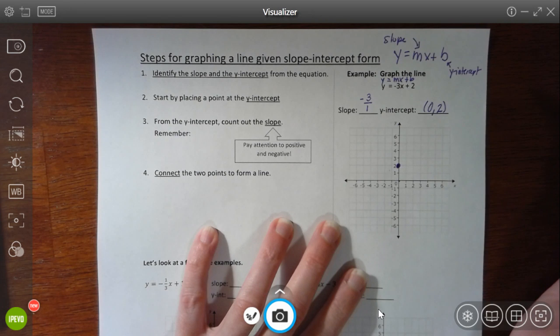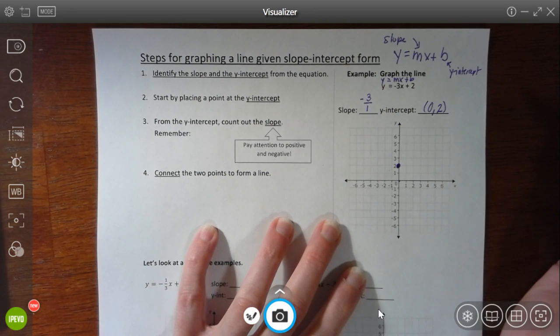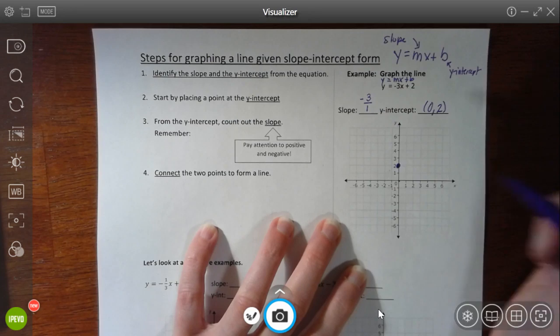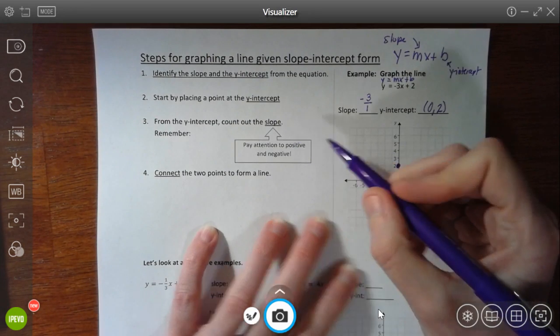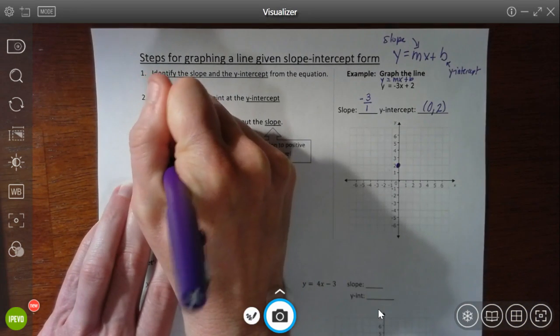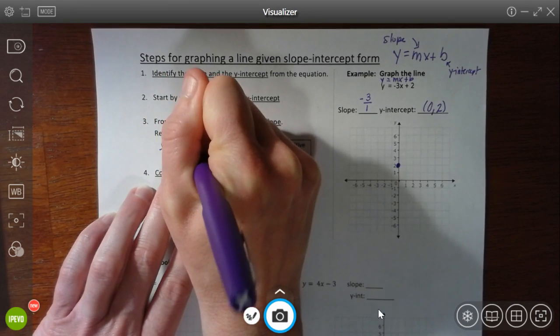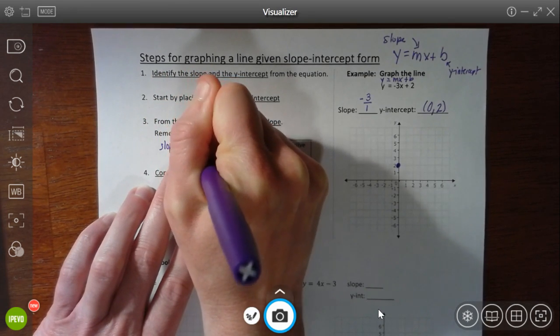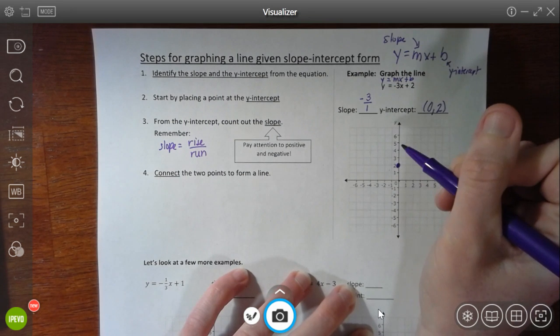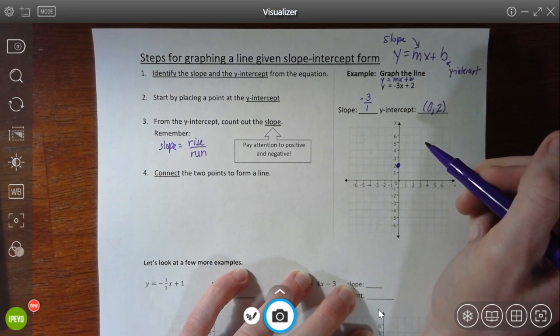Once I have my y-intercept, now I need a second point to draw my line. So that's where we're going to go ahead and count out the slope. And again, we're going to remember that slope is the same thing as the ratio of rise over run. It's that change in the vertical over that change in the horizontal.